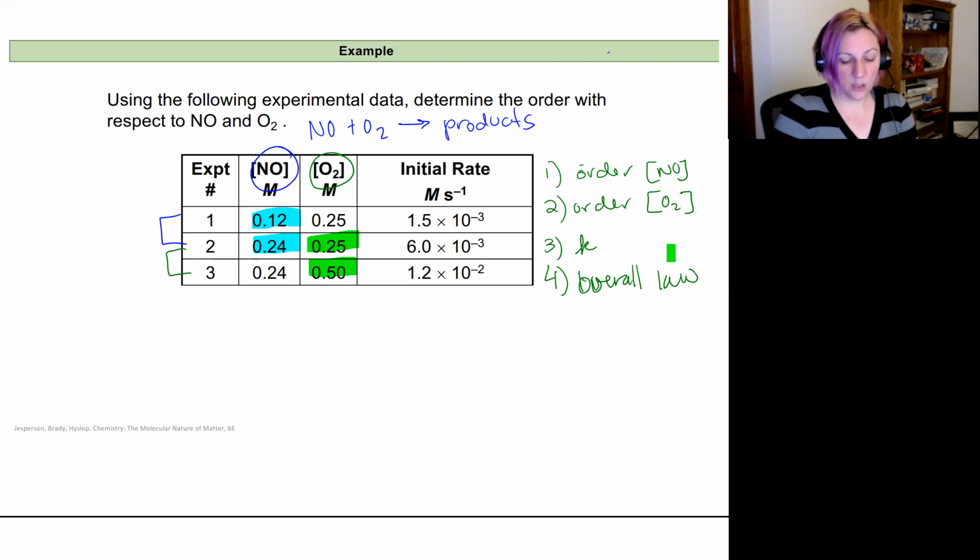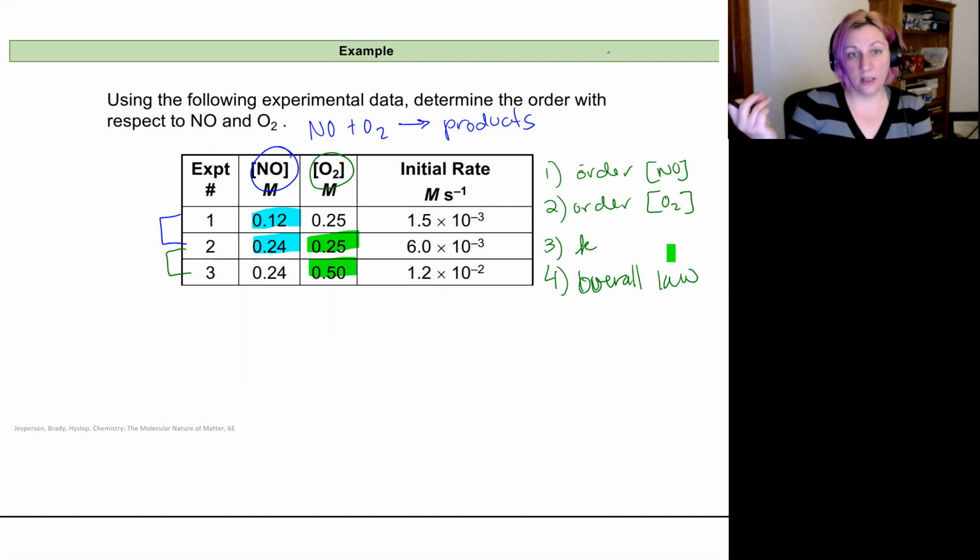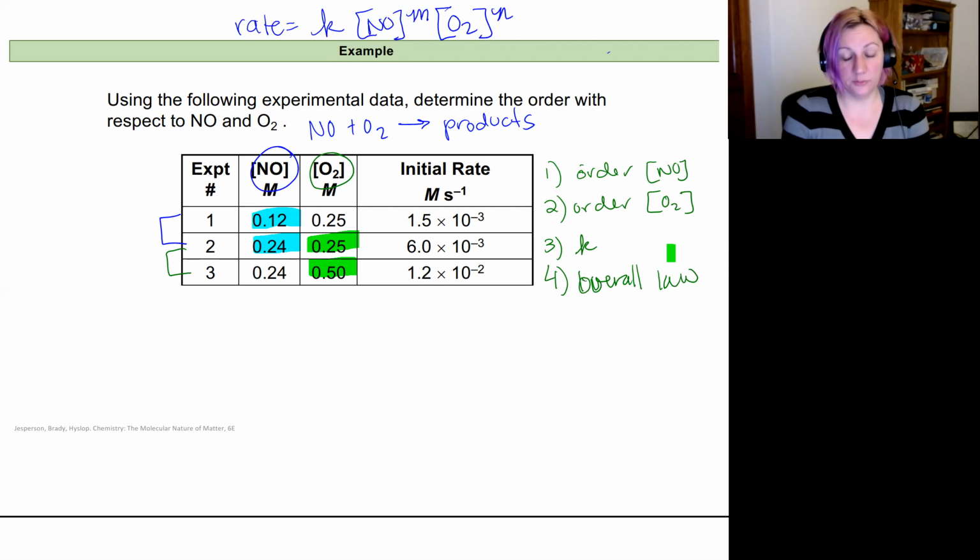So let's start with that first one. To figure this out, I'm going to write out my rate law for my two experiments over one another and look at that ratio. And remember, our rate law is going to be equal to some constant k times the concentration of NO to some exponent times the concentration of oxygen to an exponent that we don't know.